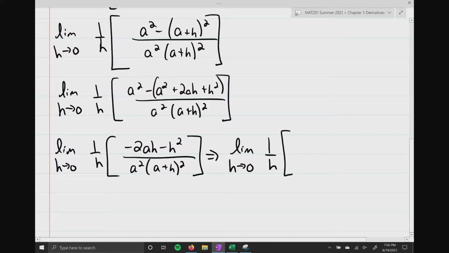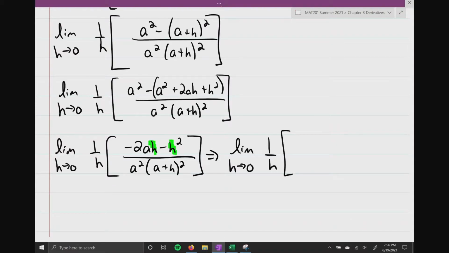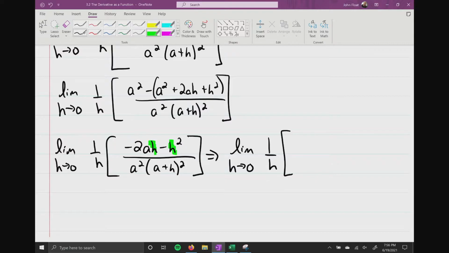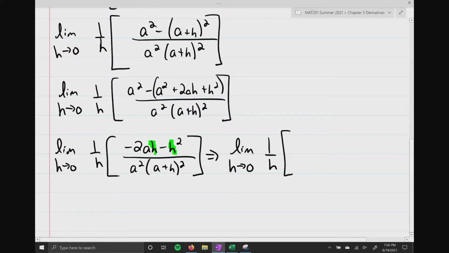Each term in the numerator has an h, so I can factor that out. So I'm going to factor out the h, leaving me with negative 2a minus h all over a squared times a plus h quantity squared.